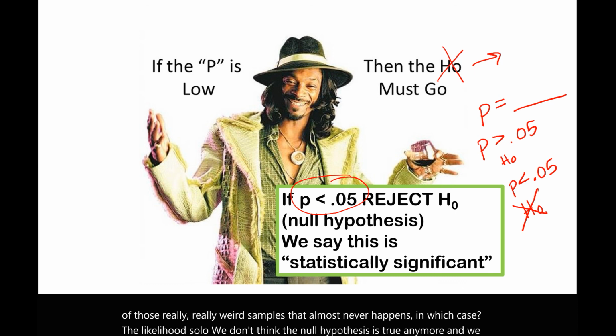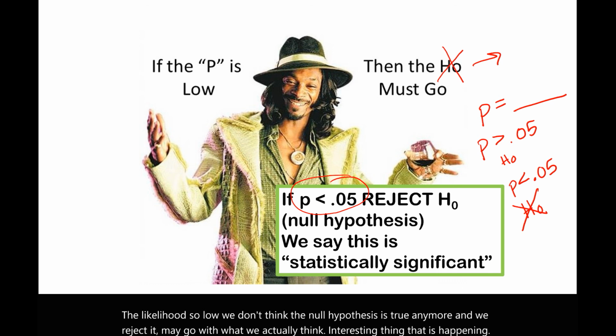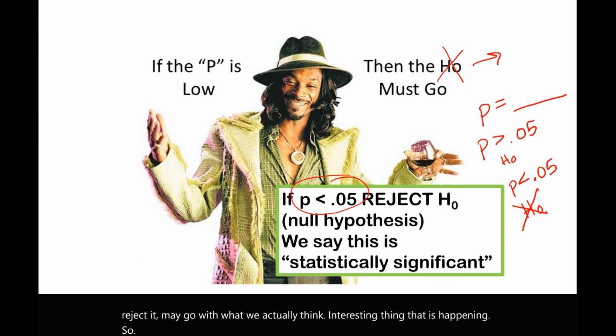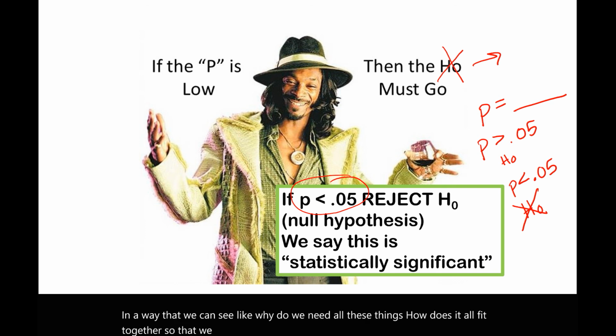We go with what we actually think, the interesting thing that is happening. So I'm hoping this starts to tie those concepts together, so we can see why we need all these things, and how it all fits together so that we can ask a question, get some data, and then draw a conclusion to try to answer our question.